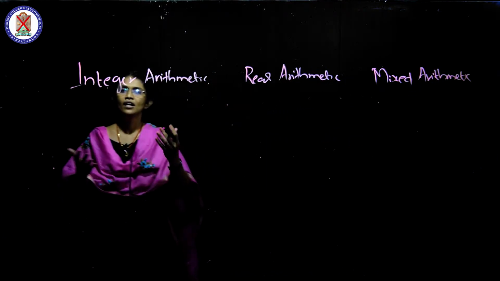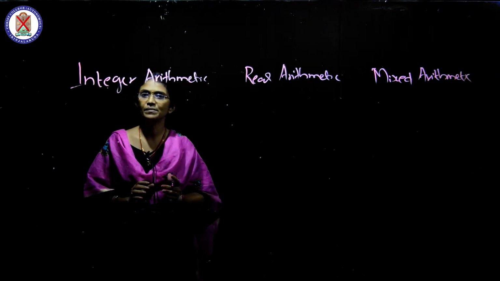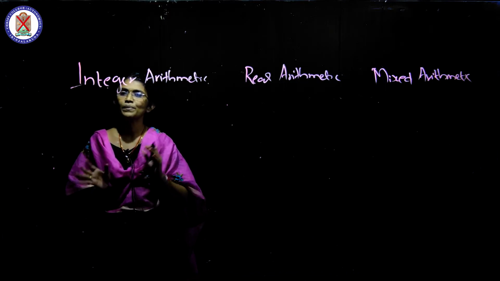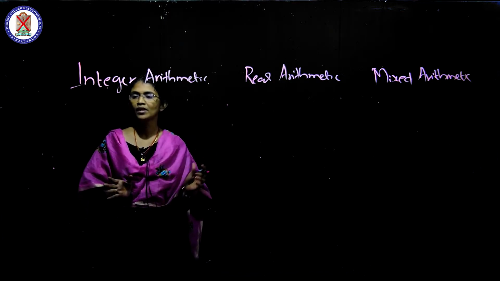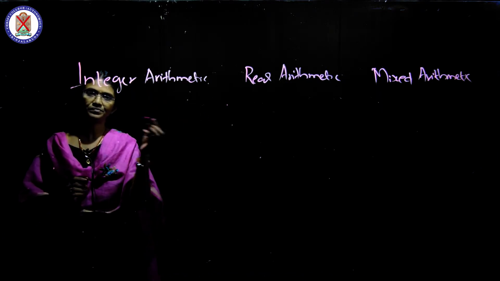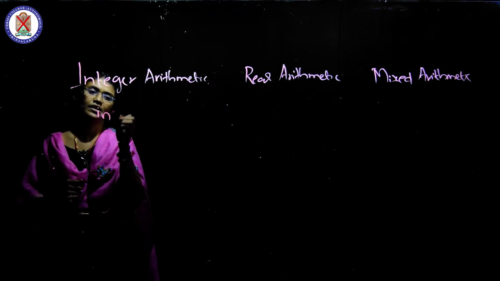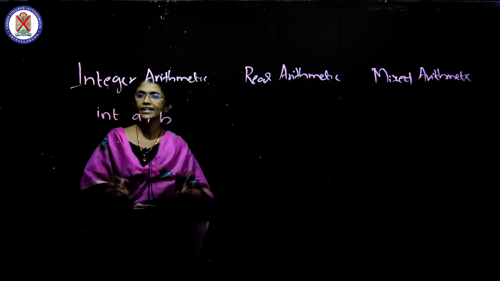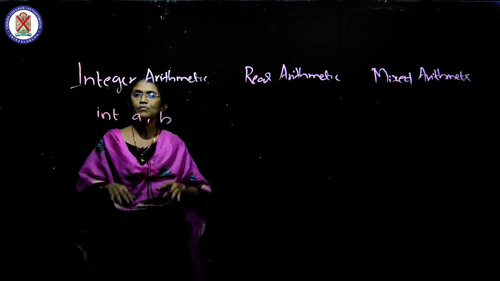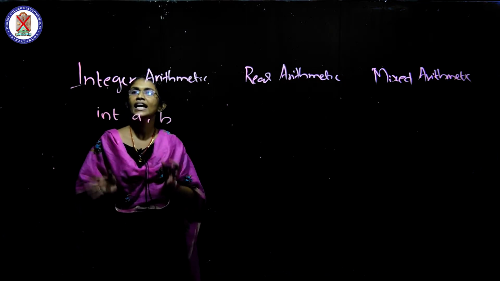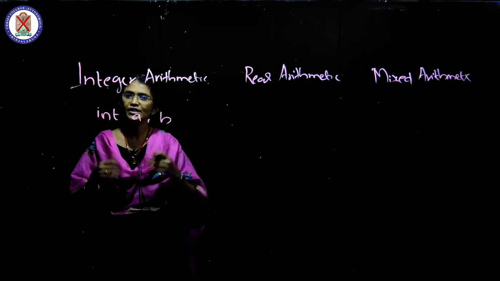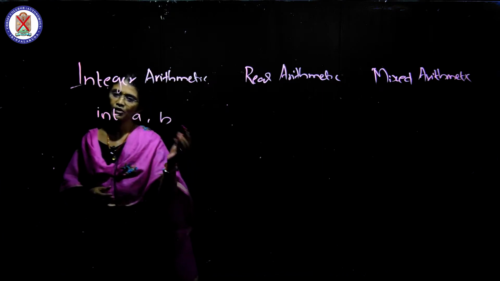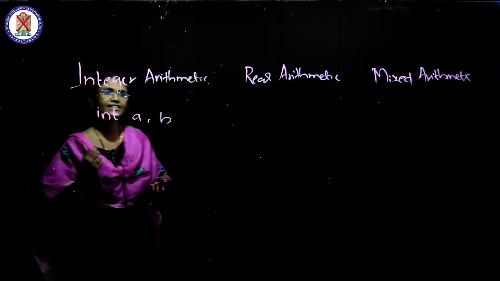First, we are going to see integer arithmetic. In integer arithmetic, both operands are integers. For example, if we have two variables a and b, and they are integers, this type of expression is known as integer arithmetic, and the yielded value is also an integer.